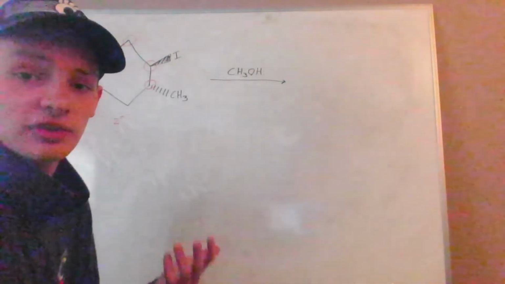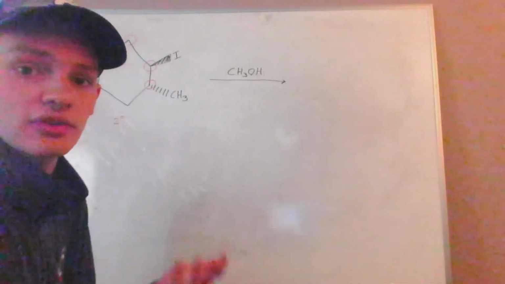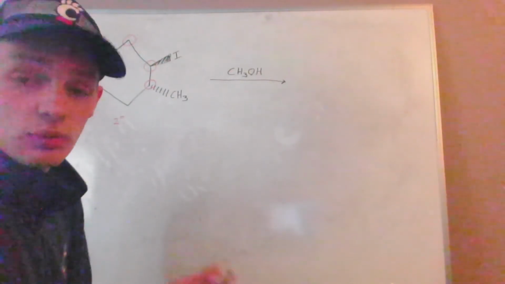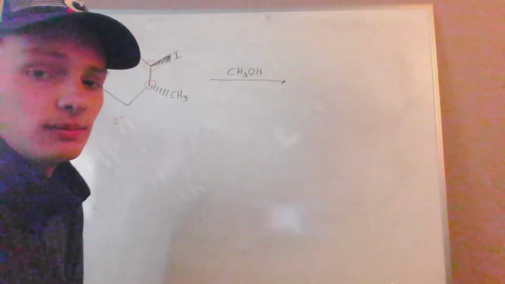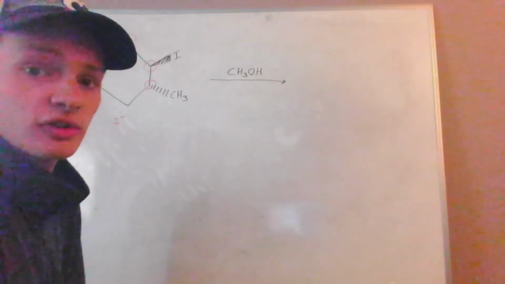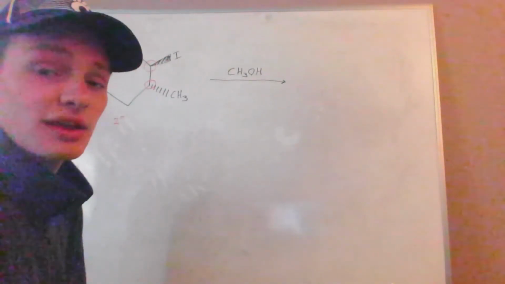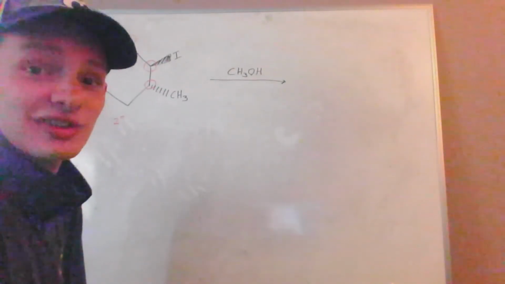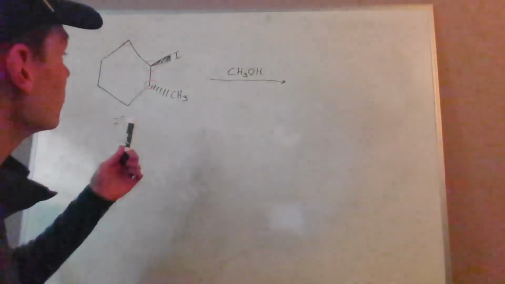And the reason for that is, again, a carbocation is formed. And we want that carbocation to be stable, and it's going to be most stable if it is tertiary. And it will try to make itself tertiary through hydride shifts, if at all possible. And what do we see in this case?